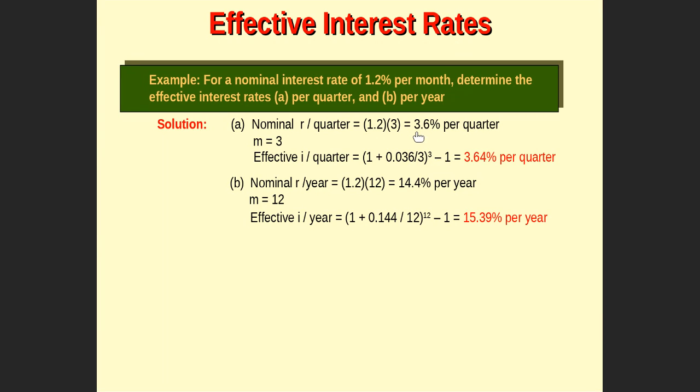And you should know by this level the difference between percentage and rate. So you use 0.036 divided by M. M we already know, it's 3, to the power M, which is also 3. Okay? And in this case, you can just apply that to the formula right away to find the final answer.